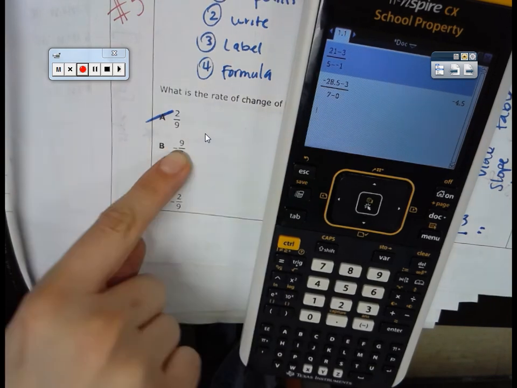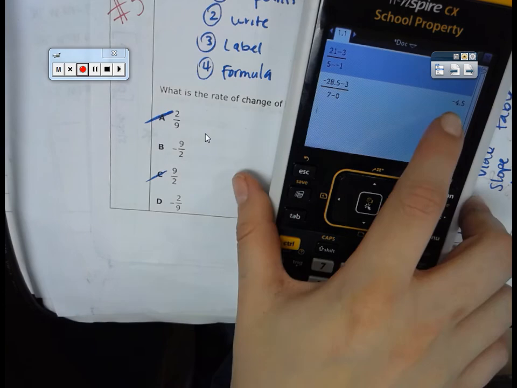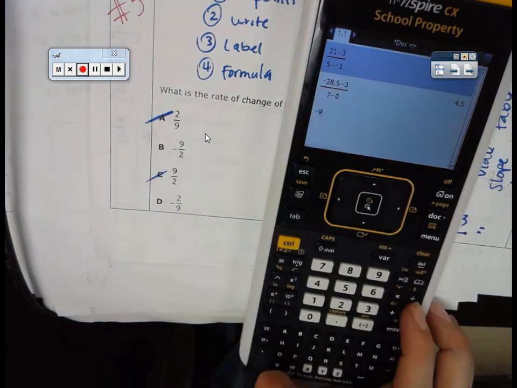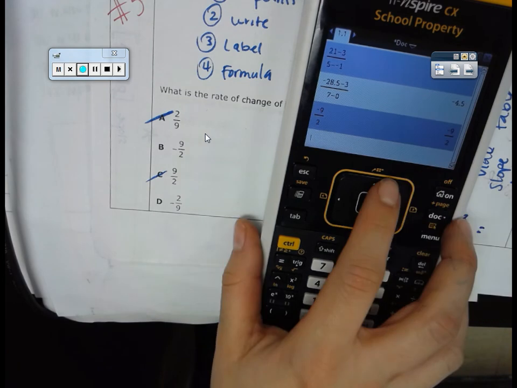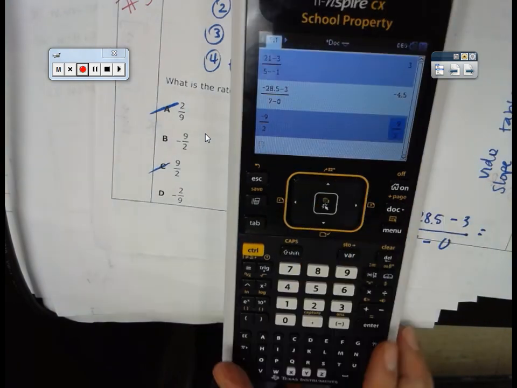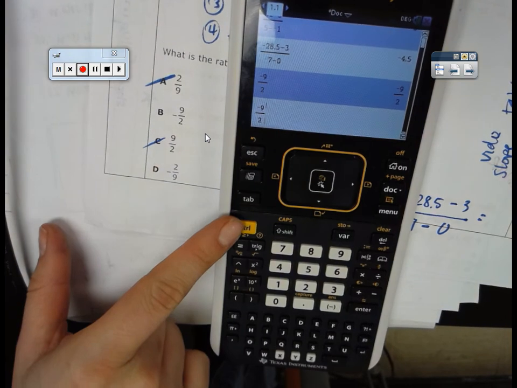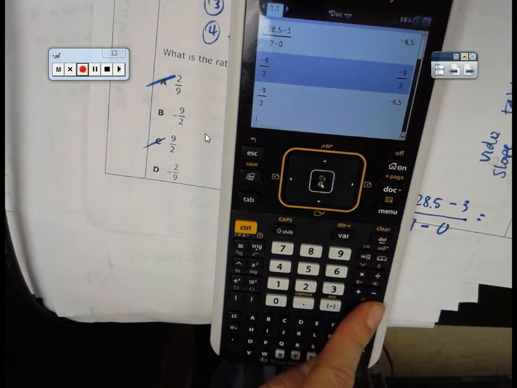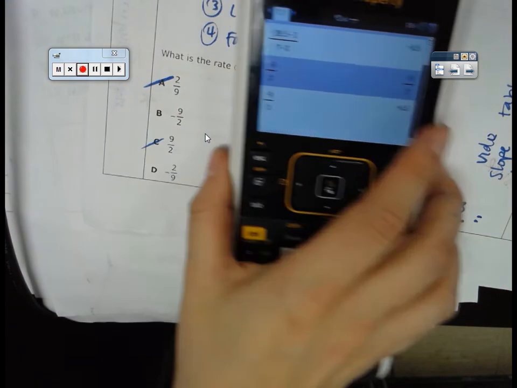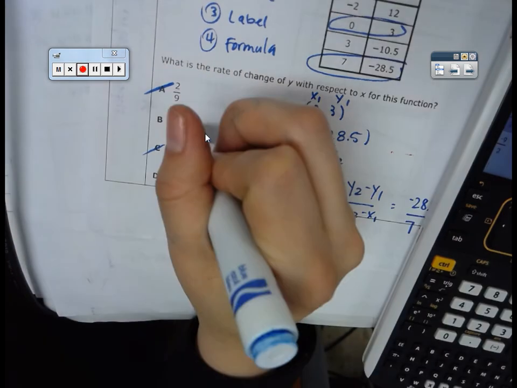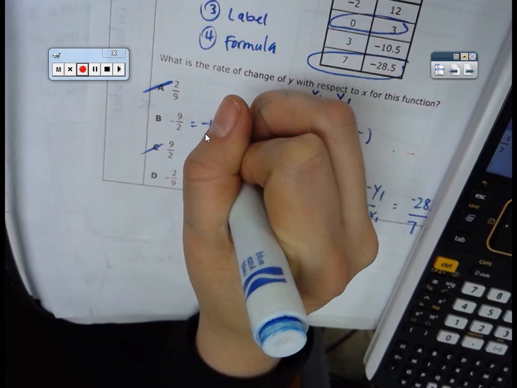So let me type that one in there. Okay? Because my answer is negative. Negative 9 over 2. So it gives me a fraction unless I press Control and Enter. And so I can see that this fraction is the same thing as negative 4.5.